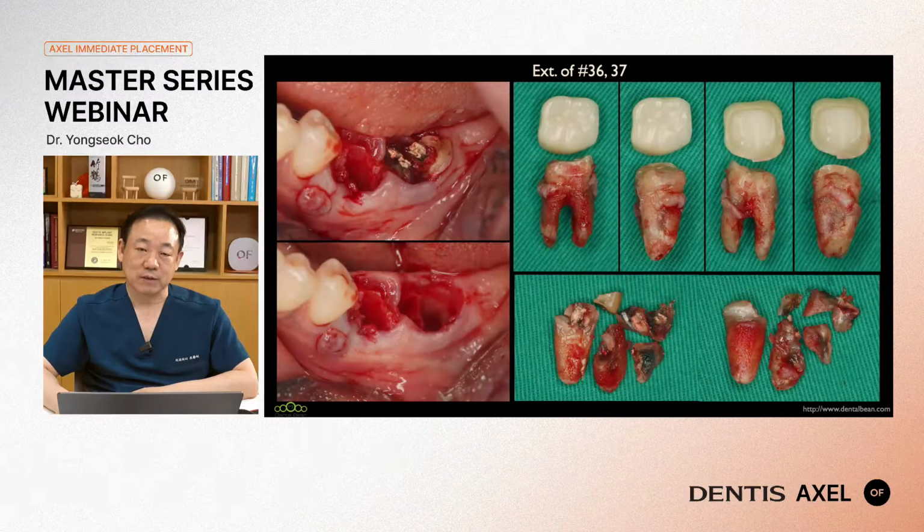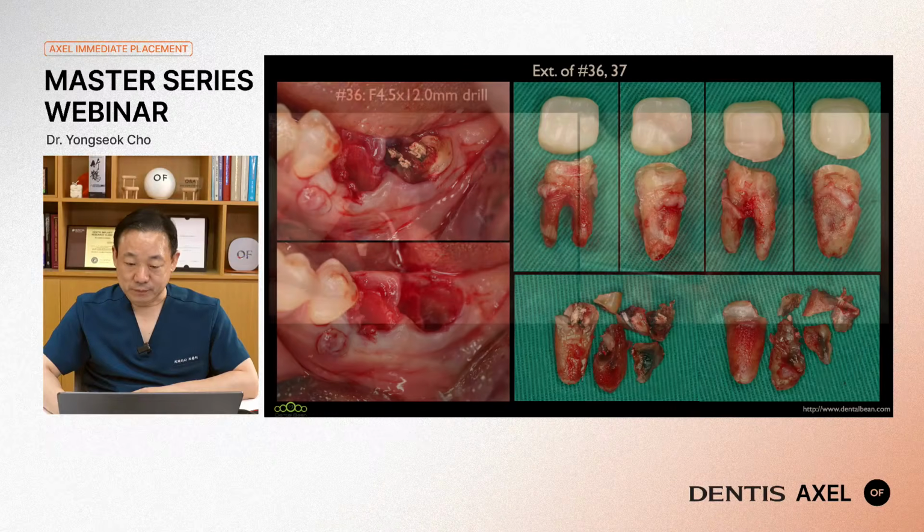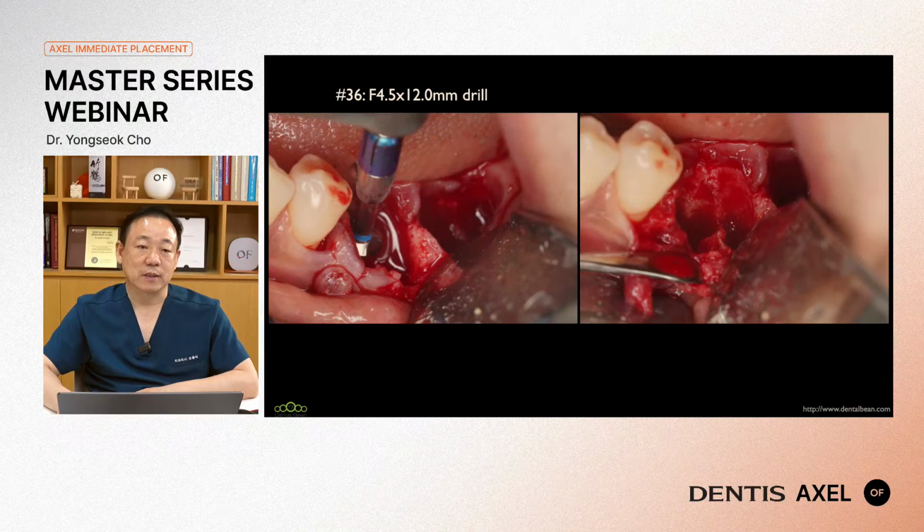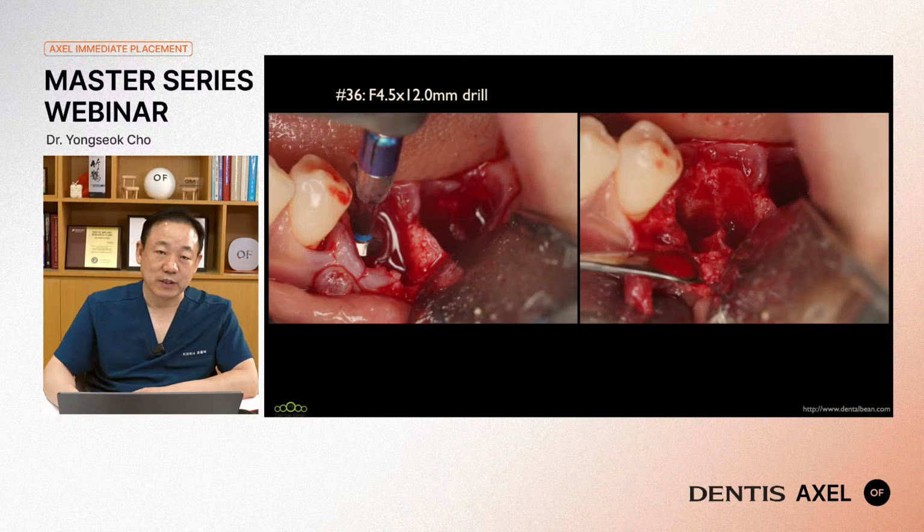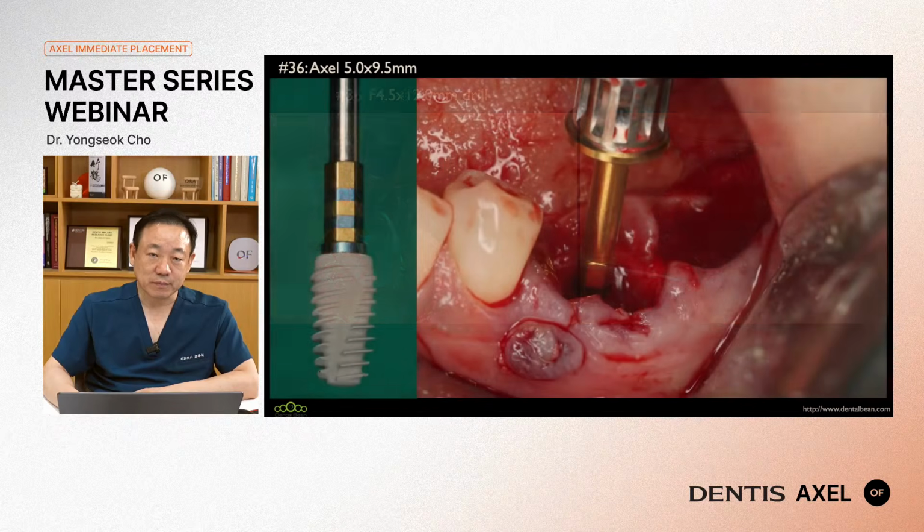After extraction, the socket was cleaned using a dental drill, and I prepped the osteotomy one by one. On number 36, I placed the XL implant 5 by 9.5.